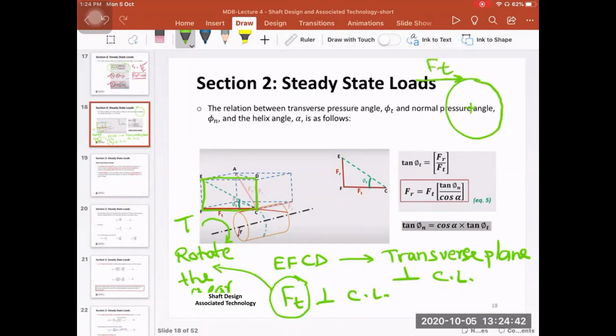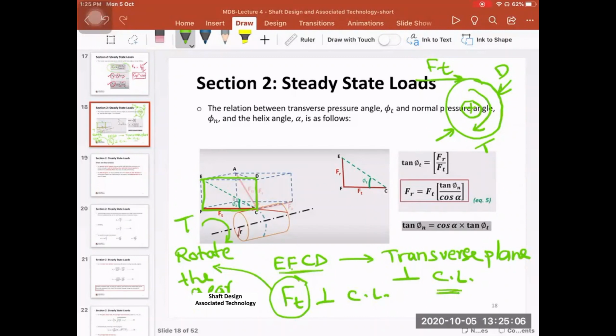It is tangent to the pitch circle, but at the same time, it is perpendicular to the center line. And it is calculated based on the torque and the diameter of this pitch circle.